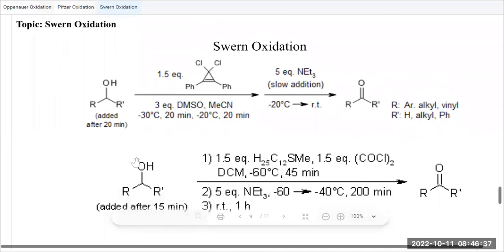Similarly, this alcohol, sorry, this is a secondary alcohol, and it is converted into ketone in the presence of this oxalyl chloride and this type of derivative of dimethyl sulfoxide. Instead of dimethyl sulfoxide, they have used this bulky alkyl group containing methyl sulfide.